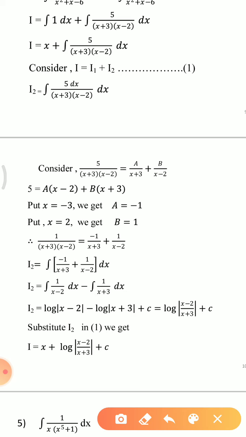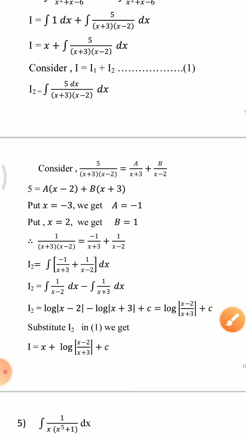In cross multiplication, that is A(x − 2) + B(x + 3) upon (x + 3)(x − 2). Both sides this term gets cancelled, and the remaining is 5 = A(x − 2) + B(x + 3).